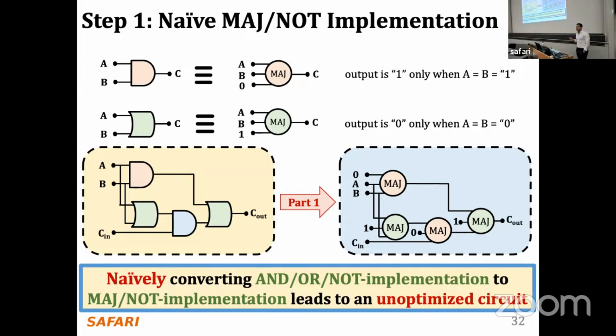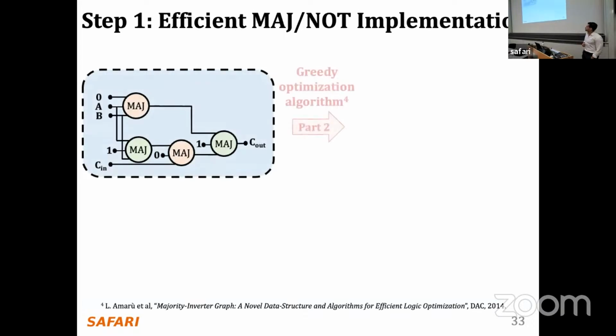However, as I'm going to show next, if you just do this, you're not going to improve the performance of your circuitry, because you have the same number of triple activations to realize this graph as to realize the other graph. But we can apply some greedy algorithms. Think about logic simplification as you do in Boolean algebra.